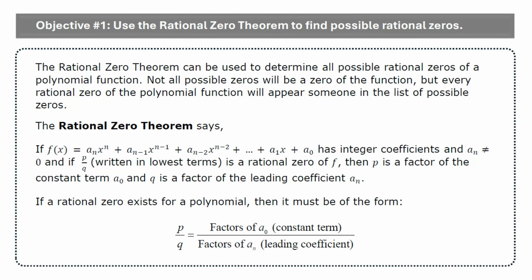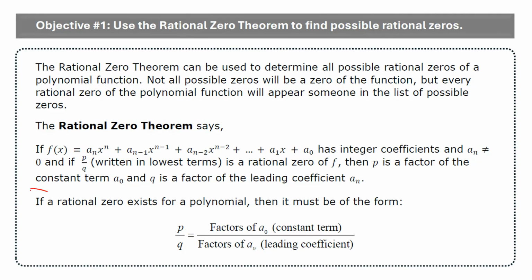The rational zero theorem says, if f of x has integer coefficients and a subscript n does not equal 0, and if p divided by q, written in lowest terms, is a rational zero of f, then p is a factor of the constant a sub 0, and q is a factor of the leading coefficient a sub n.